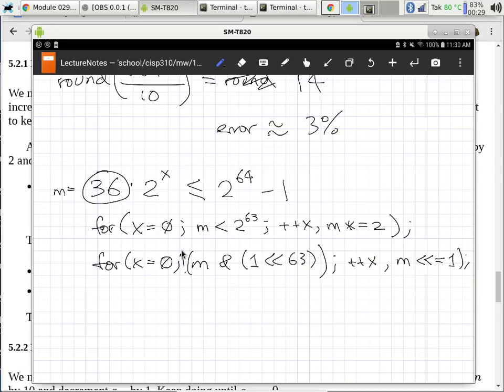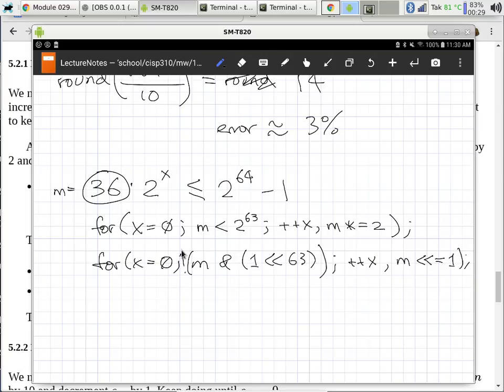And it's quote unquote shifting that 1 63 times to the left. And every time you do a shift, it is introducing a 0 on the right hand side. So that means, basically I end up with a number where bit 63 is a 1 and everything else being a 0. And that turns out to be 2 to the power of 63.